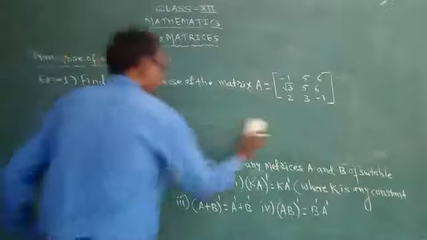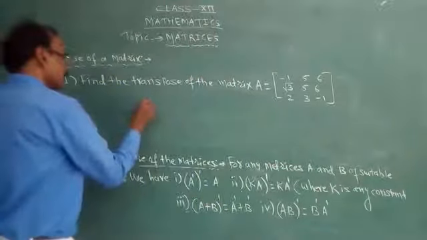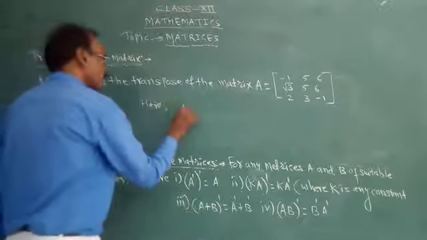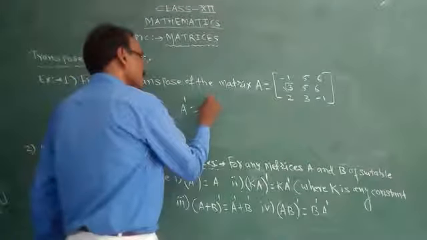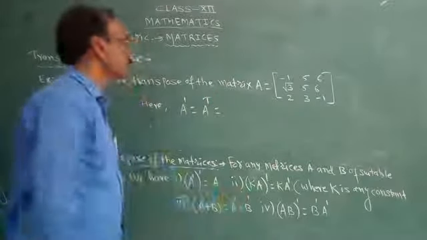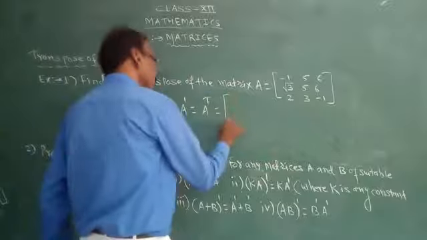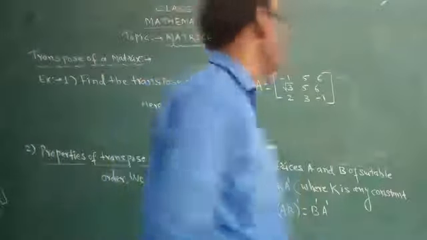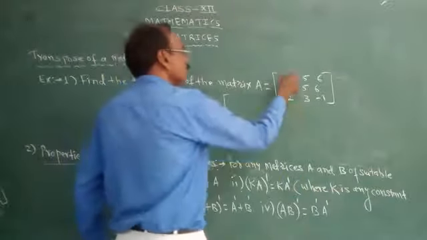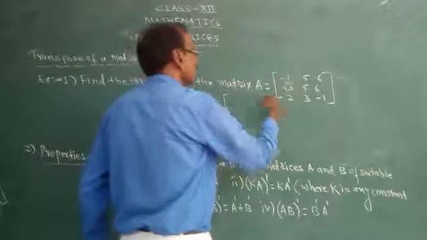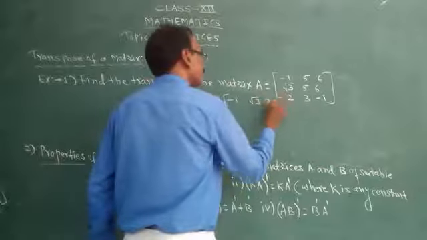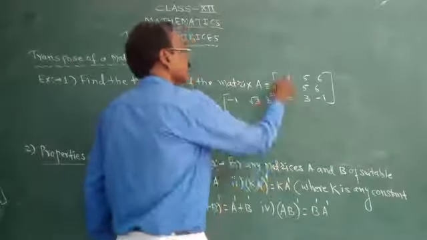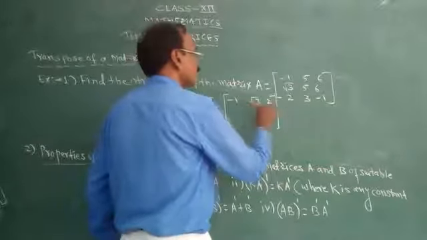Matrix A is given. So the transpose of A is found by interchanging rows into columns and columns into rows. The first column, minus 1, root 3, 2, becomes the first row.